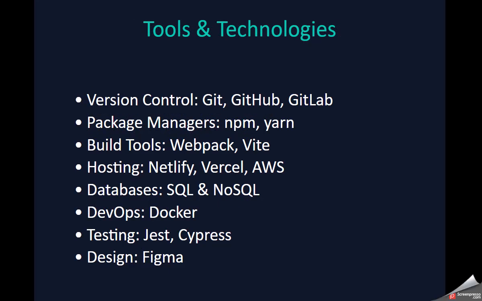All right. So now tools and technologies. We have version control, which is Git. This is where we store our code. We have GitHub, we have GitLab. Then package managers, we have npm and yarn, and then build tools, we have webpack and Vite. For hosting, we can host on Netlify, Vercel, and Amazon Web Services, AWS.